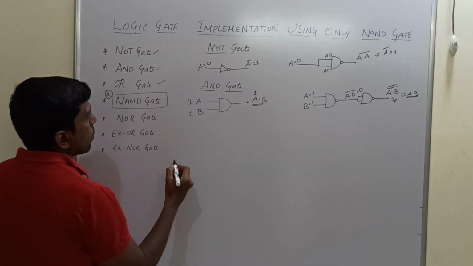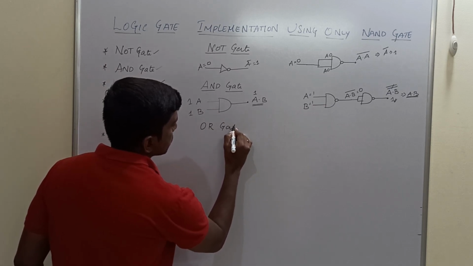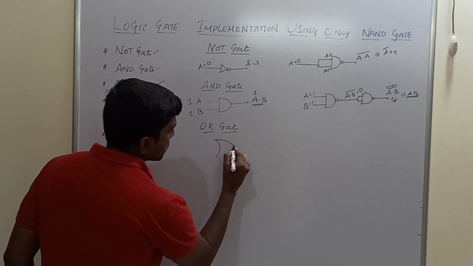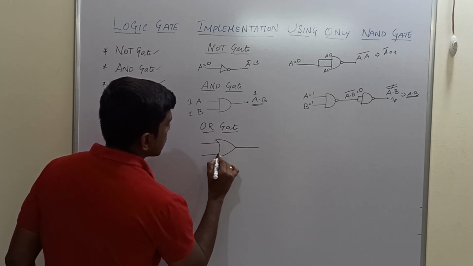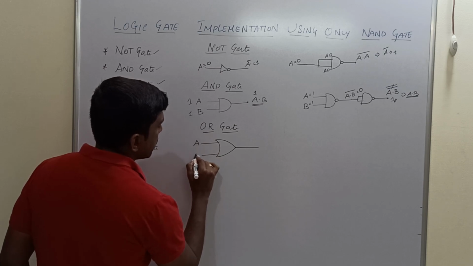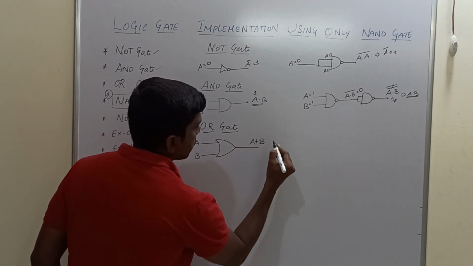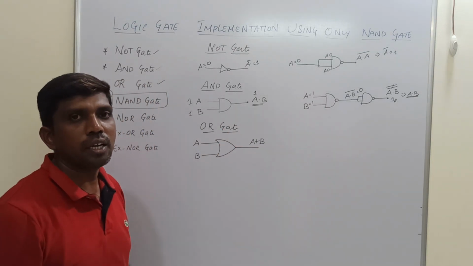So next one is OR gate. First I draw the symbol of OR gate. A and B are the inputs. The output of the OR gate is A plus B. Now I am going to implement this OR gate using only NAND gate.